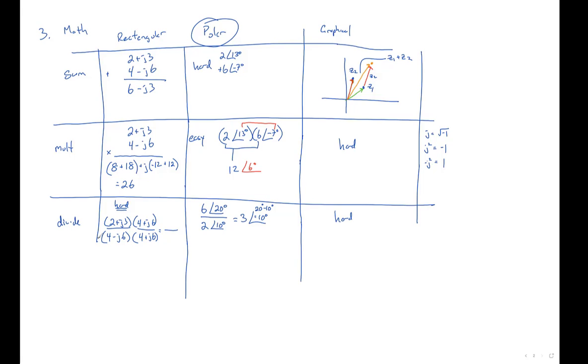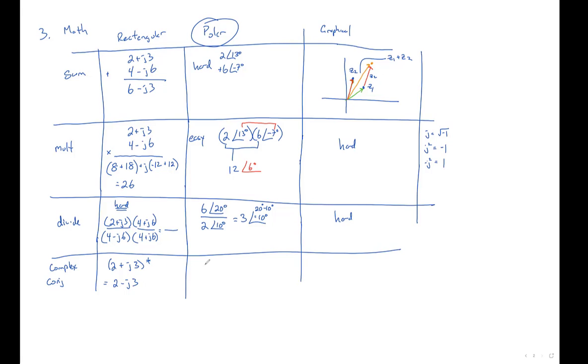The last thing I want to talk about with the math is how to take complex conjugates. I know we're almost out of time, but we're almost out of material too. The complex conjugate we write with this little star at the end. In rectangular notation, it's really easy: you just flip the sign on your imaginary part.